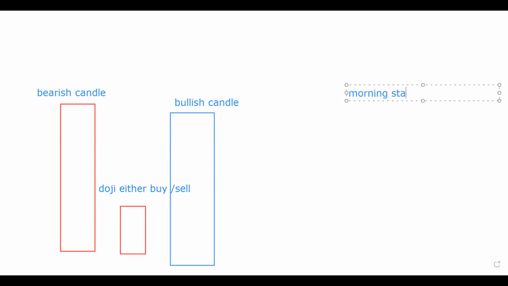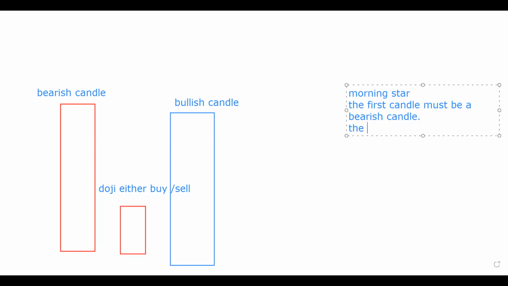And what are the characteristics? The first candle must be a bearish candle. The second candle, let me call it the middle candle, can either be a buy or sell.